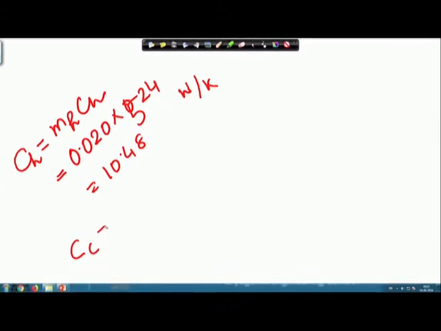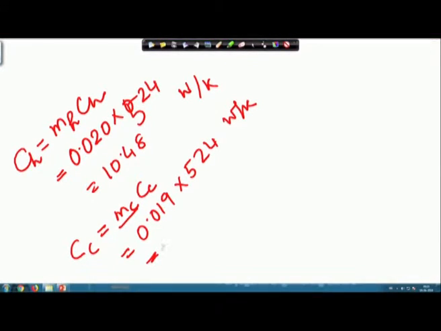Similarly, Cc is m_c Cp, and the mass flow rate of this one is slightly less, as we have seen. This is 0.019 multiplied by 524, and this comes out to be 18.87 watt per Kelvin.